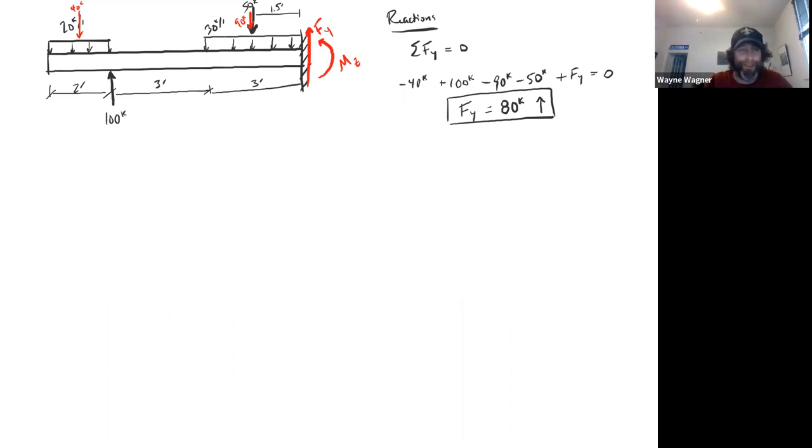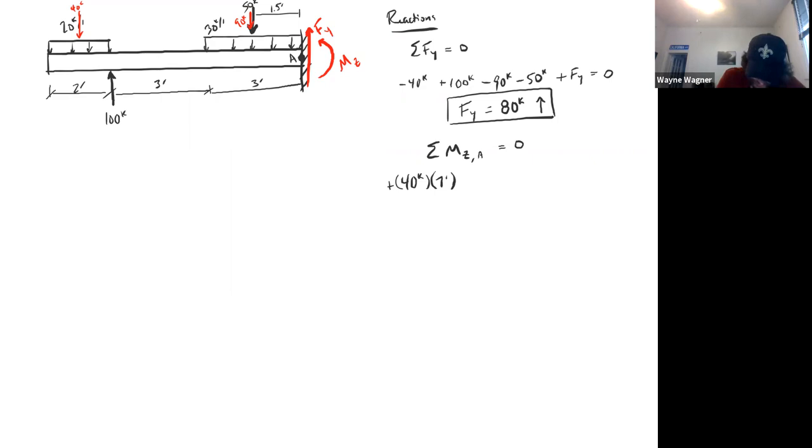Let's do the moments now, because we still have to get that moment. Sum of the moments in z, and we're going to do that at the end point, which I didn't really name. Let's just call this point A. Sum of moments about A equals 0. We've got that 40 kips, which looks like it's positive, so we'll make its moment positive, and it's 7 feet down.